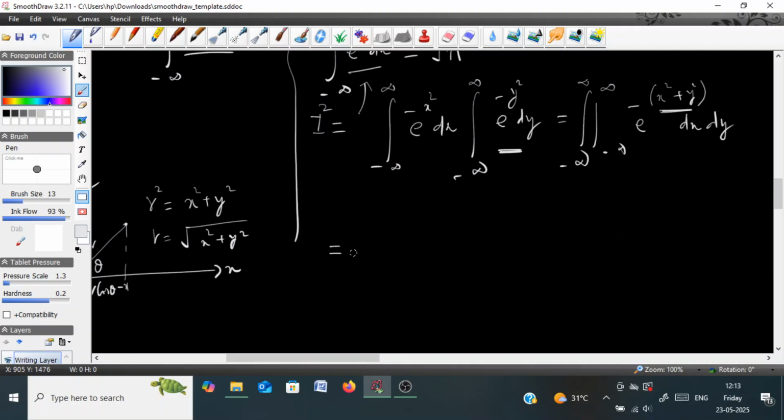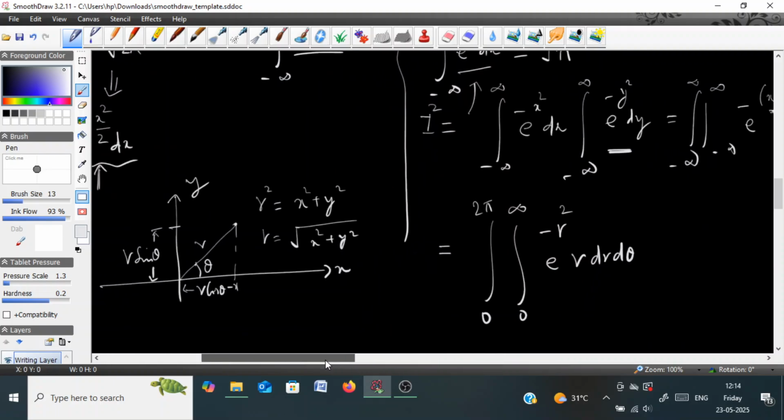So if I use the polar coordinates, then this double integral will become e to the power minus r square, because x square plus y square is r square, and this dx dy will be converted to r dr d theta, and the limits for theta will be from 0 to 2 pi, and r will go from 0 to infinity.